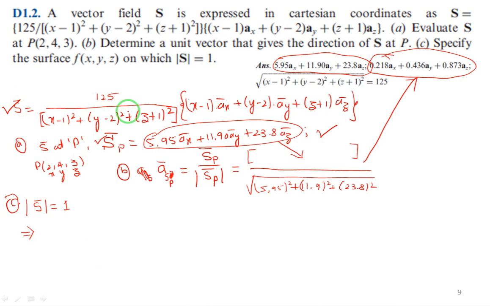Before doing this, in this s vector, this entire term is there, no? 125 divided by x minus 1 whole square plus y minus 2 whole square plus z plus 1 whole square. For my reference, because I want to reduce the calculations, I will call this entire thing some letter A. Instead of writing 125, this entire big term, I will call it A. I will rewrite the s vector.